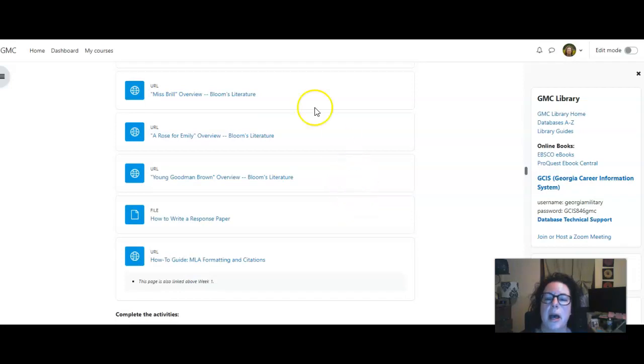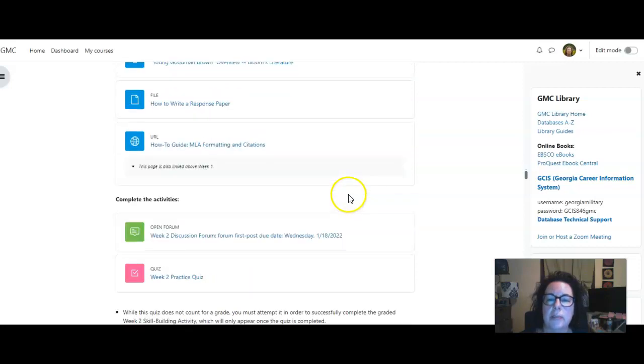Okay, so you have that additional support for the selections themselves. And then this is an important resource about writing a response paper. This will be your first written response paper of the course. And then also a how-to guide for MLA formatting.